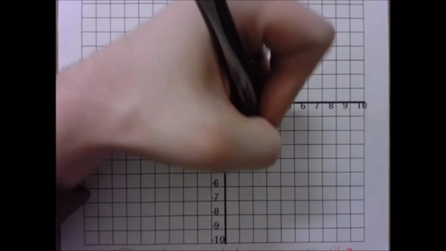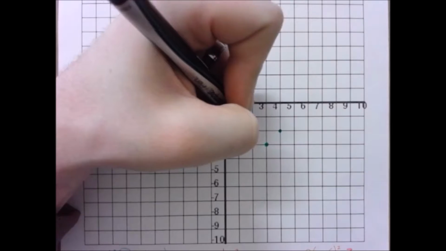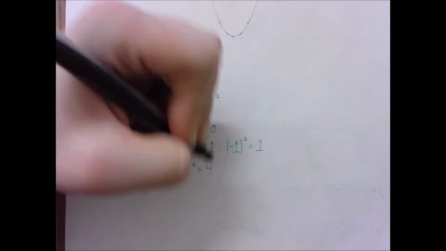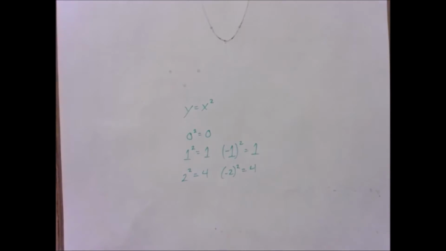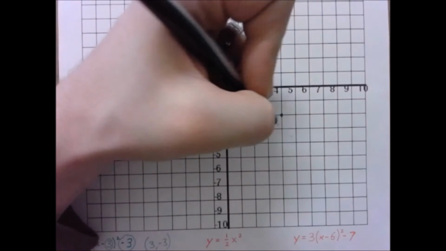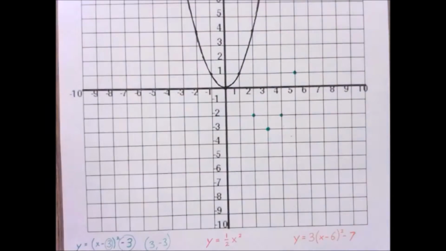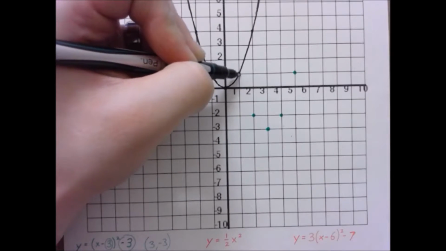So that's what I'm going to do here. My next 2 points are going to be over 1, up 1, left 1, up 1. And then the next thing I expect is 2 squared equals 4, negative 2 squared equals 4. So if I'm going to go 2 left and right of my vertex, I should go up 4. So if I go over 2 here, I would count 1, 2, 3, 4, and up there. Over 2 here, 1, 2, 1, 2, 3, 4, and up there.